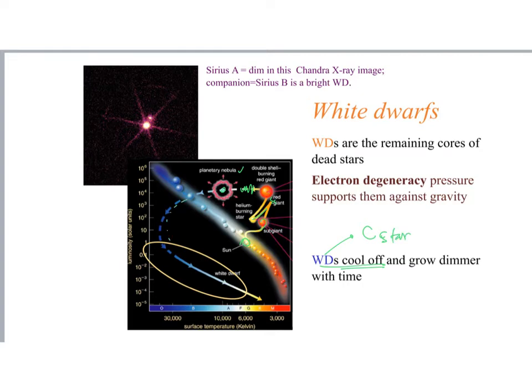So it's going to move toward lower temperature in this HR diagram, which has luminosity or brightness and the temperature that increases this way.